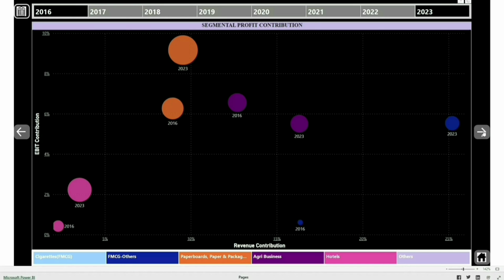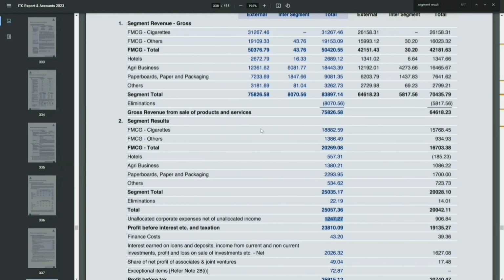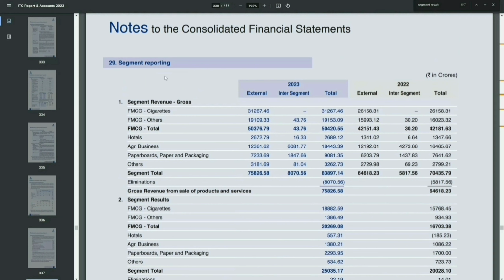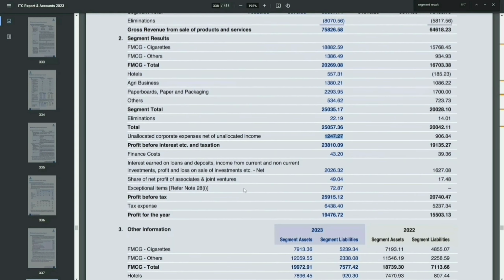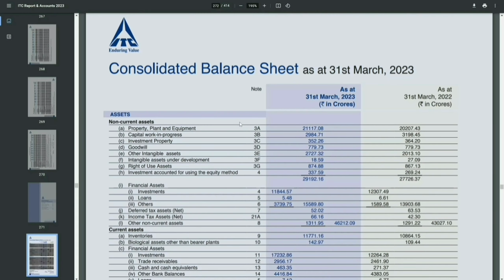Now let's move forward. Here we can see the segmental assets. So coming back to the segment reporting, if you scroll down a bit, here you can see other information, the segment assets of each of the segments, right? But what you have to notice is that there is also a portion of unallocatable assets, and this happens to be the total assets. So this is ITC's consolidated balance sheet for the year 2023.